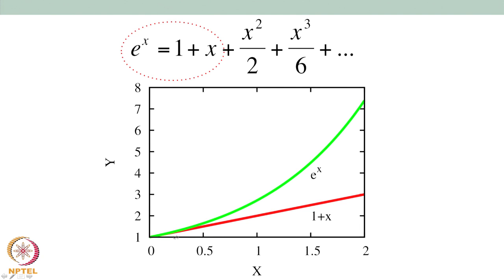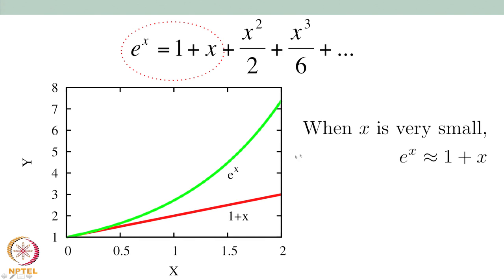What you can see is that very close to 0, so below 0.5, somewhere here, very close to 0, these two curves coincide. But for larger values, anything larger than 0.4 or 0.3, things start diverging, and then e power x and 1 plus x are very different. So what does this tell us?